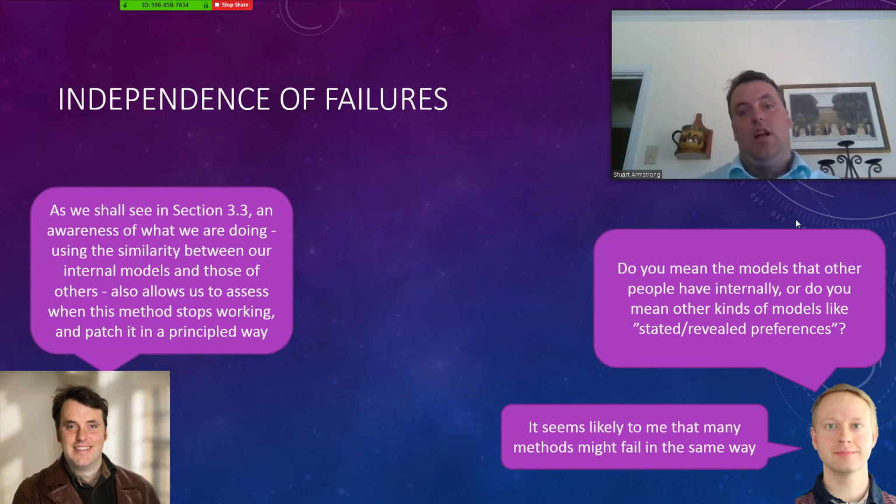But it seems that these 3 people are likely to fail in very much the same way. I've taken a quote from you that we can see that the method stops working when the internal models that we have and those others have start to diverge. And my feeling is that they might be broken in pretty much the same way.